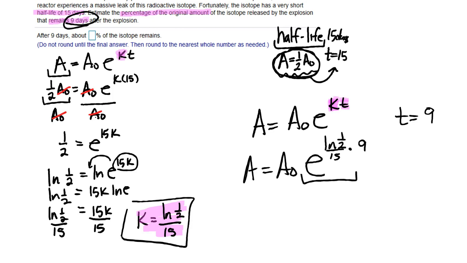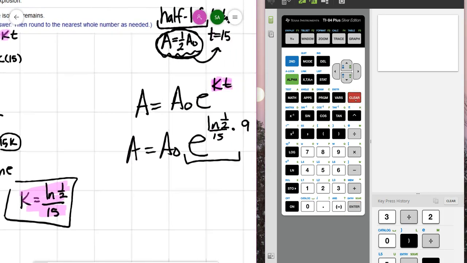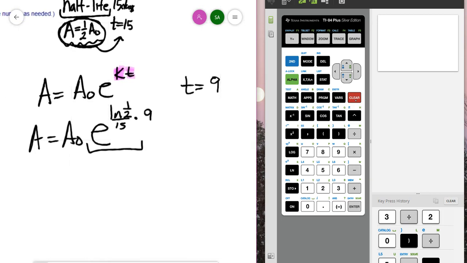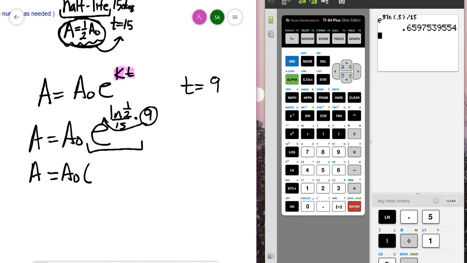So I'm going to put this in my calculator. E, and I'm going to move this 9 to the front. It's a little bit easier to type. 9 times natural log of 1/2 or 0.5, close parentheses for the log, and I'm going to divide by 15. So that gives me A equals A naught times 0.6597.